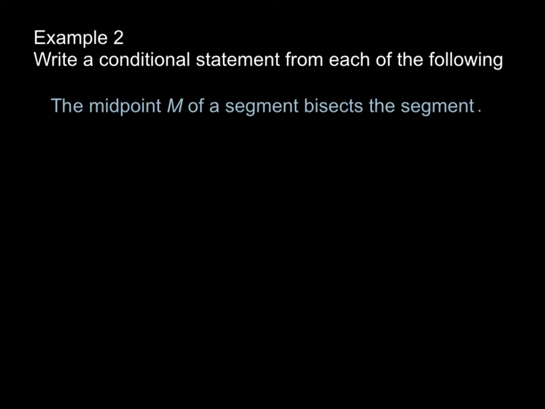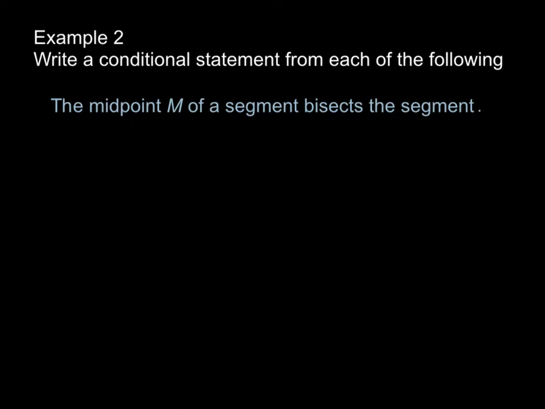So here's our first statement. The midpoint M of a segment bisects the segment. So you have to come to a conclusion of what the hypothesis is, what the conclusion is, and then write it as an if-then. So looking at this, we know that we have a midpoint M. So start thinking of it if-then. So if we have a midpoint M, then it bisects the segment.